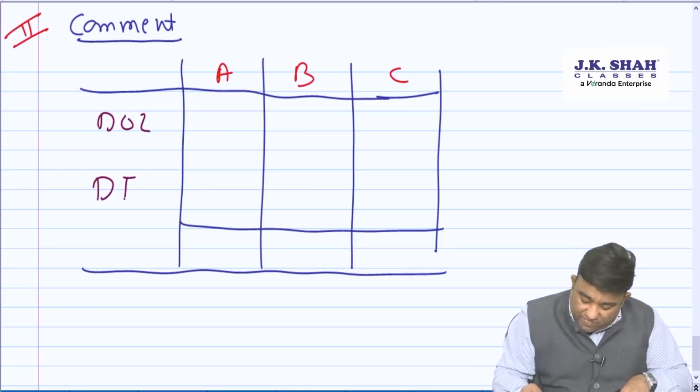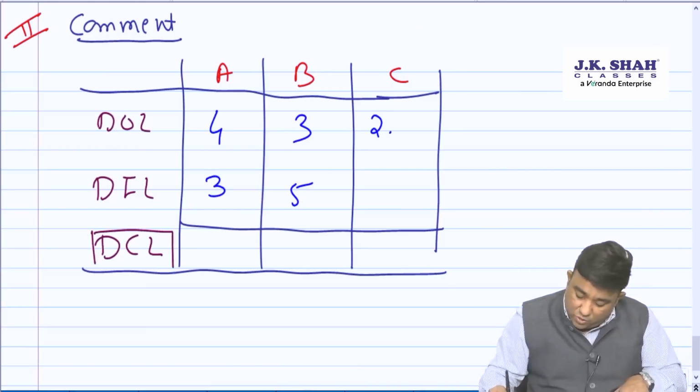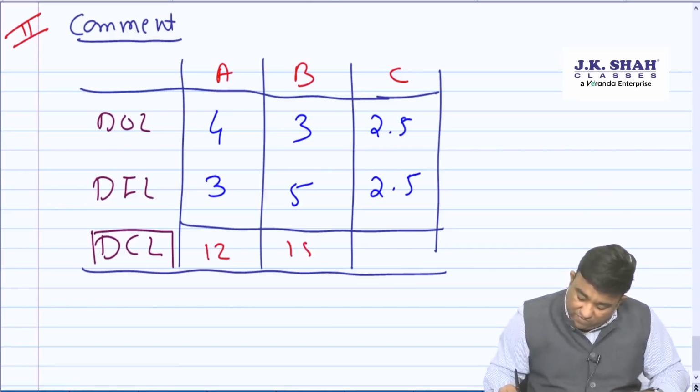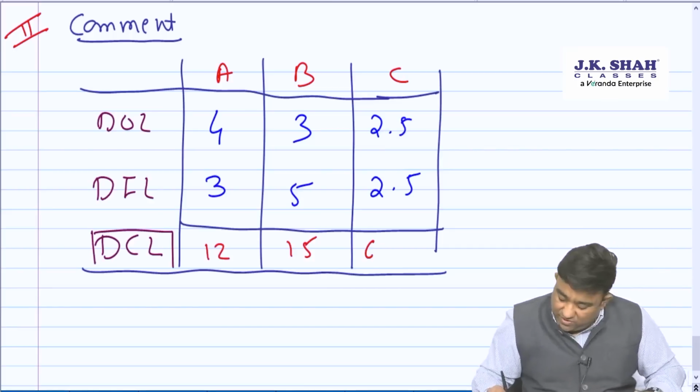DOL, DFL is given. DCL is ready. We can compute. DOL is like 4, 3, 3, 5, 2.5, 2.5. This is going to be 12, 15, and 2.5 into 2.5 is 6.25.